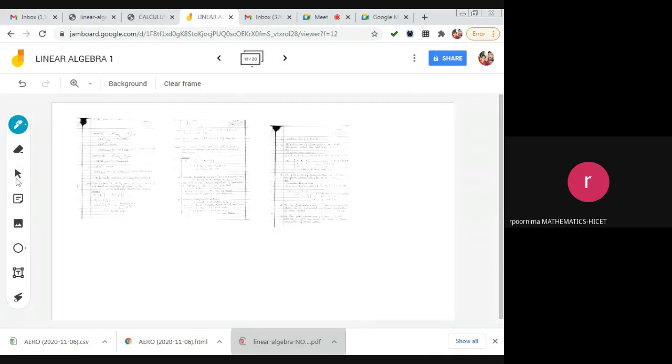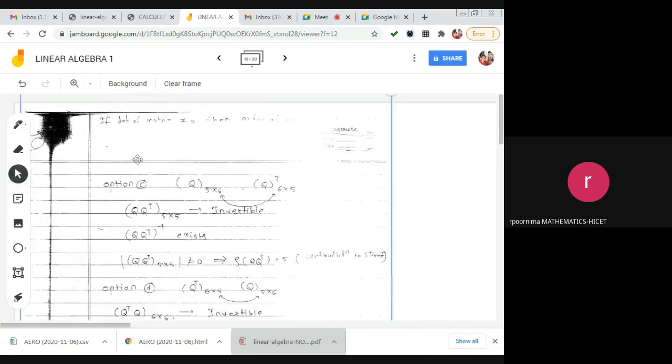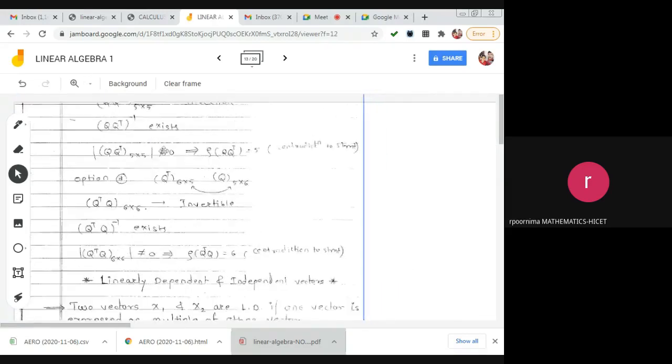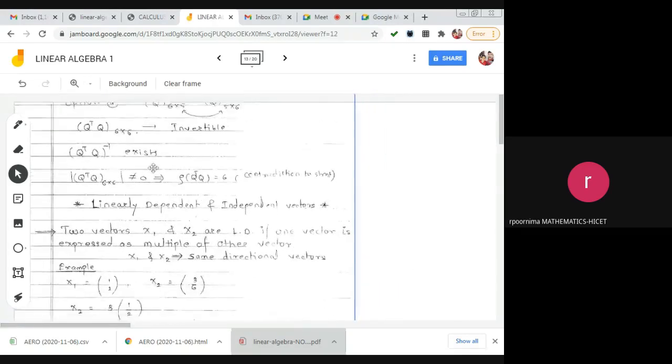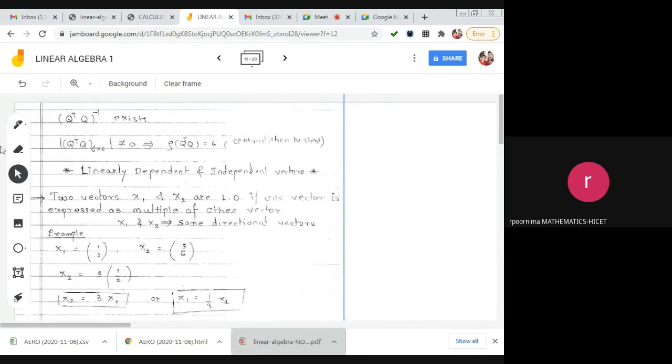The next topic: linearly dependent and linearly independent vectors.